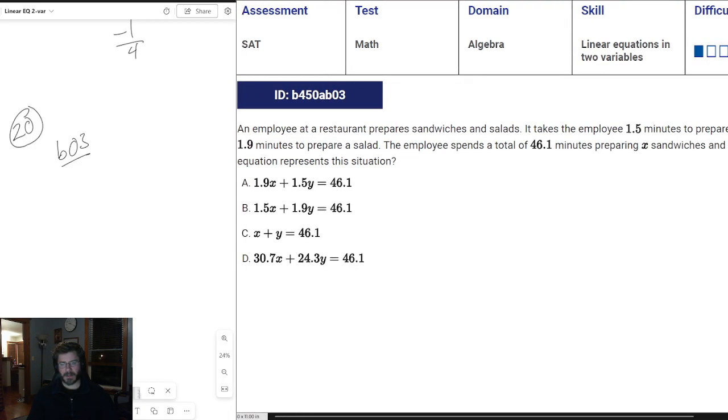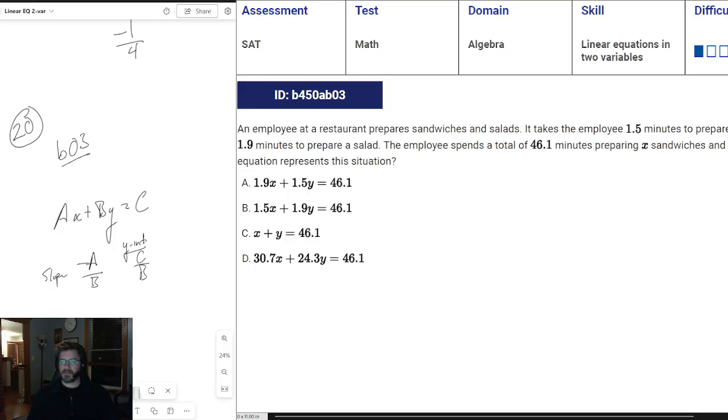Standard form, you may recall, is the format ax plus by equals c, where the slope of the equation is negative a over b, and the y-intercept is c over b. That may be useful, but it's the first thing that comes to mind when I see something like this.